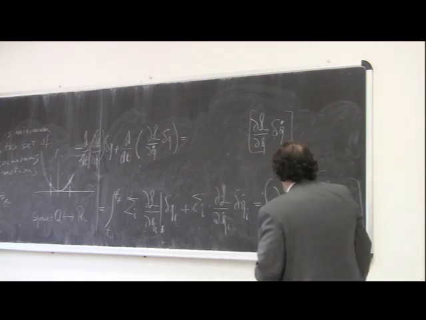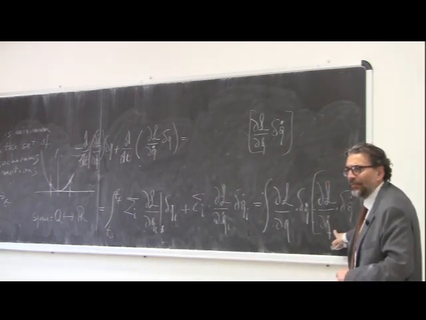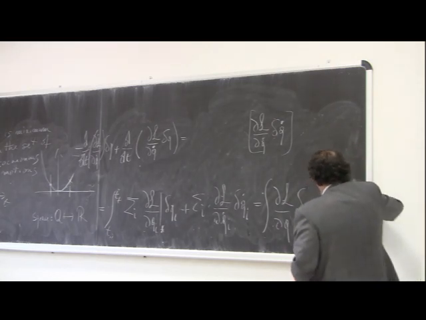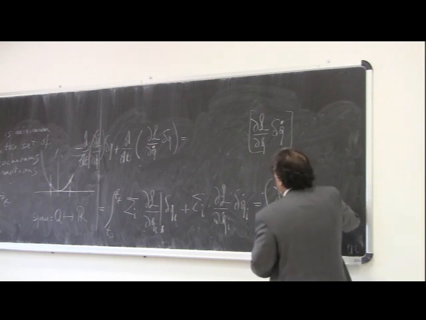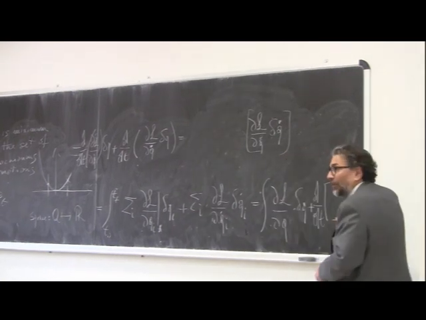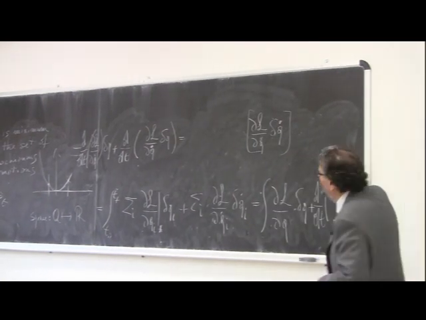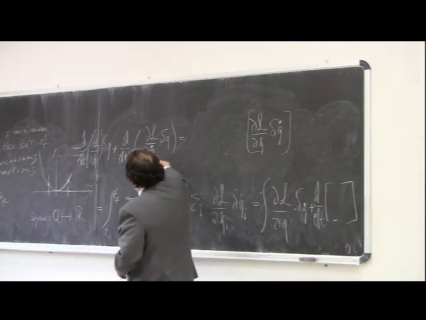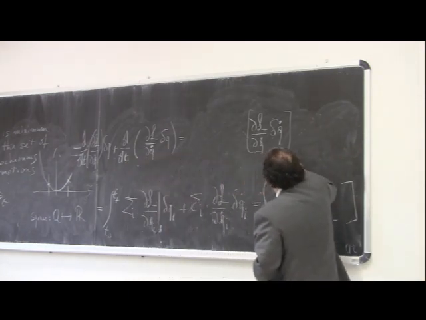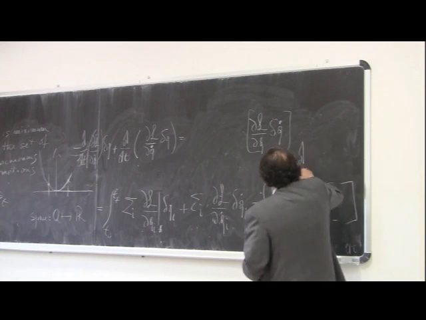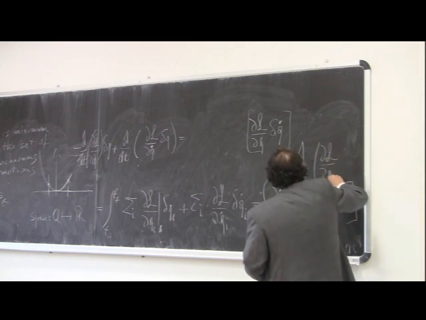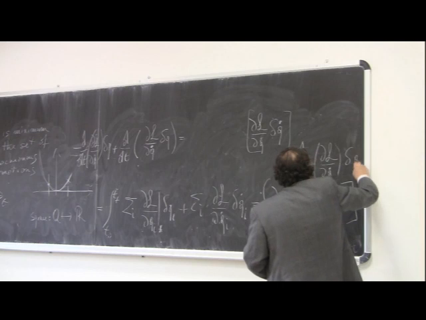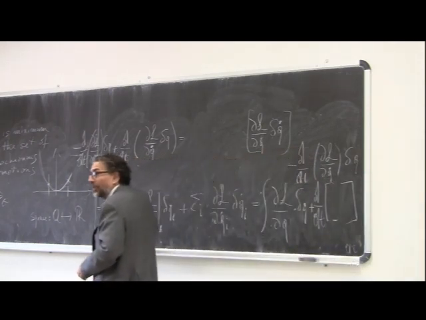So instead of this, here, I write plus the total derivative. I don't repeat what is written inside this. Minus d over dt dL over dq dot delta q.